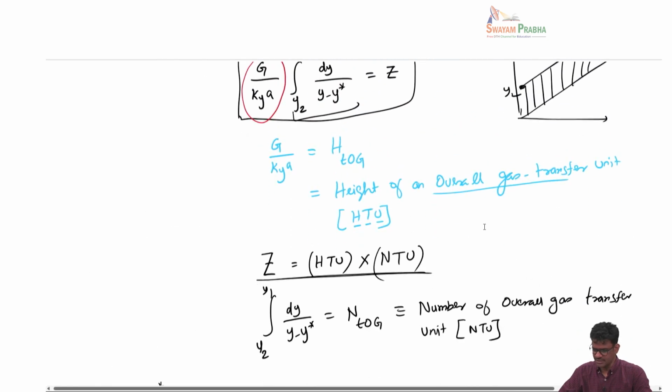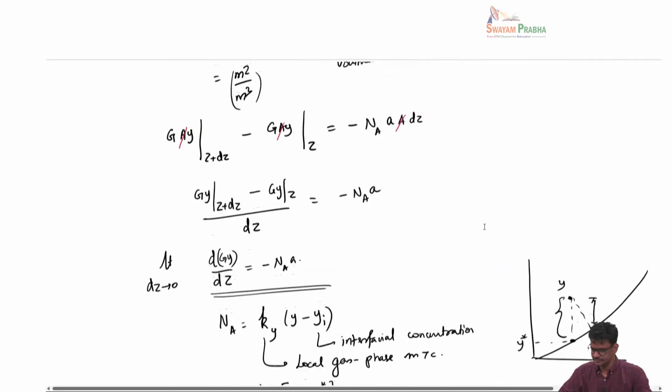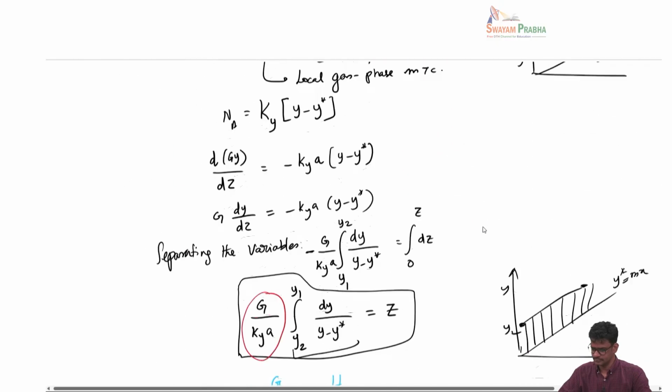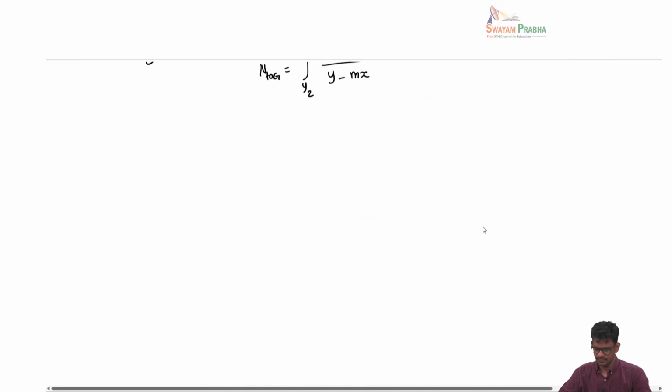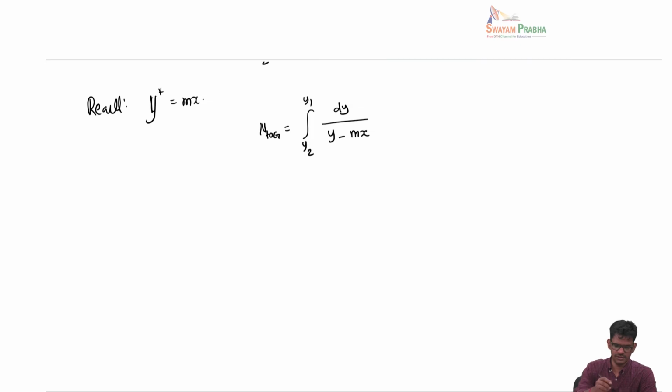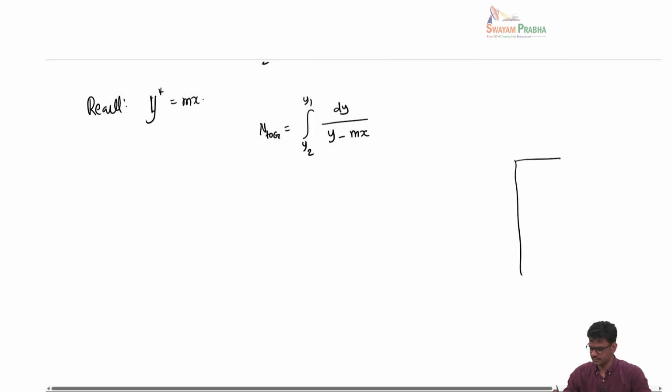So when I do a mass balance, we'll just use simply G because G is constant here.